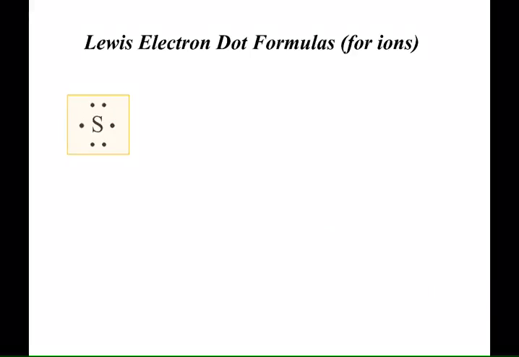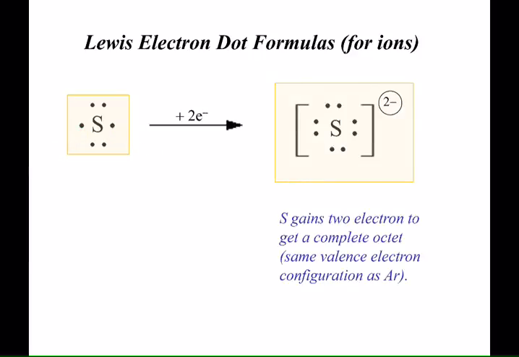All right, one more similar one. Let's pick on another nonmetal. Sulfur is a 6A element, so you can see the 6 valence electrons around a sulfur atom. It needs to park 2 electrons in order to get a complete octet. That's exactly what sulfur will do: it will pick up 2 electrons to get its complete octet.